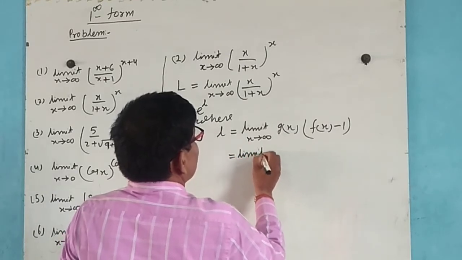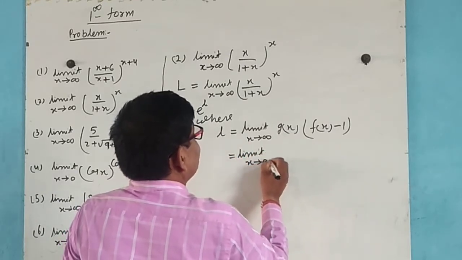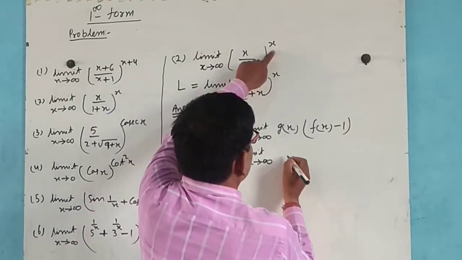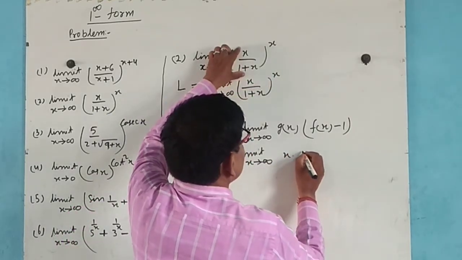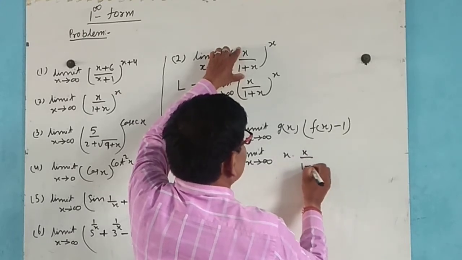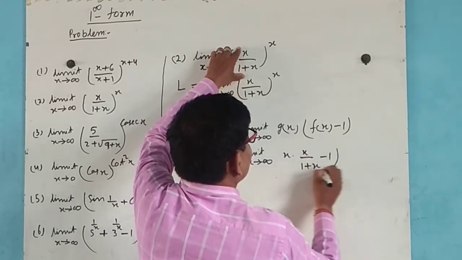Limit x tends to infinity, g is equal to x, and f(x) is equal to x by 1 plus x, minus 1.